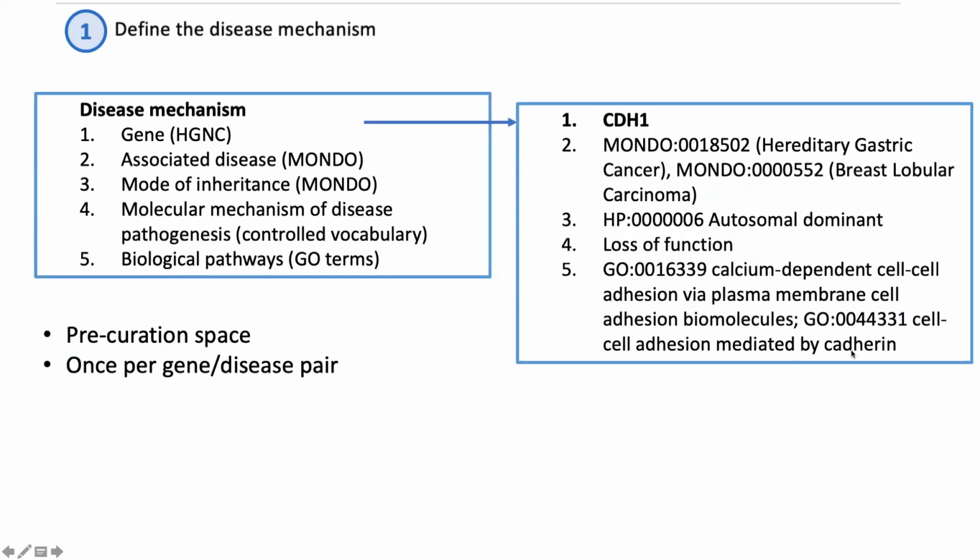So when you then go to look at these assays, this is what you're considering. And this really only needs to be done once per gene disease pair. So you could potentially do this in the future in a kind of pre-curation space, and ideally it would get loaded into the VCI such that when you get to the point of curating your variants, this step is already done.